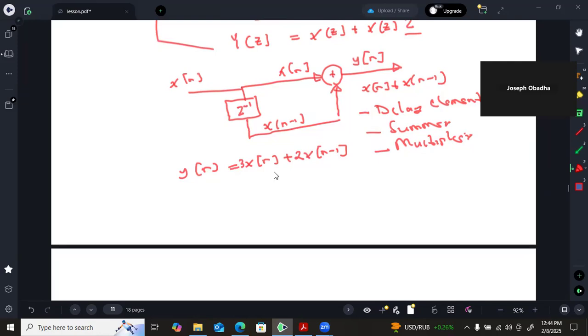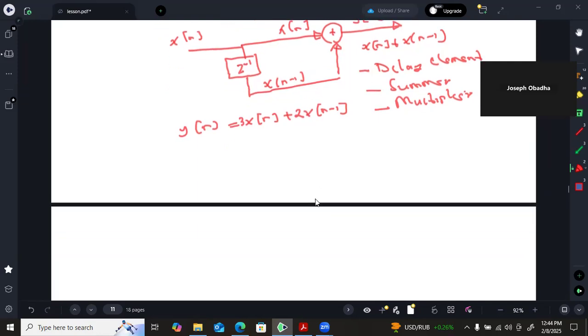Then you need to have the coefficients, so that I have my x of n as the input. Then a delay is z minus 1. Then whatever I have here, I may need to multiply it by 3. I have a 3 there, which indicates the multiplication.